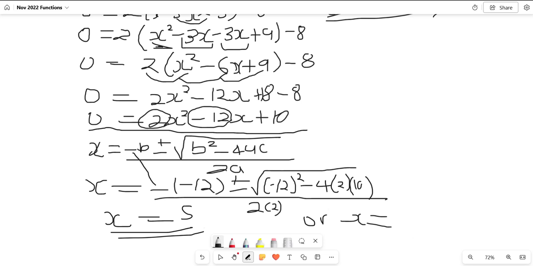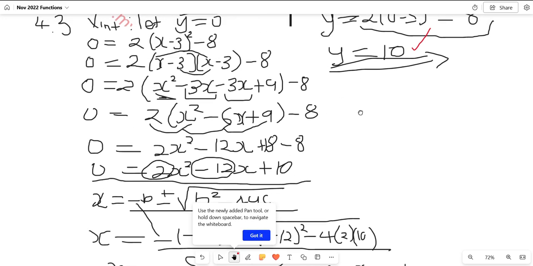The value of the other x-intercept is 1. x equals 5 and x equals 1. Then x equals 1 and x equals 5. Those are the two values of x.